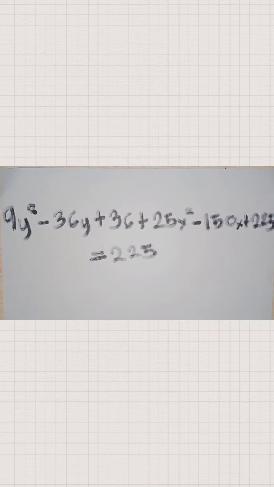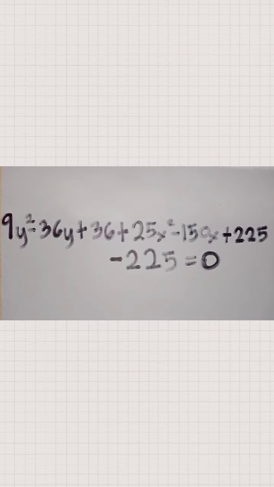I-arrange muna natin siya para maging 0 yung sa kabila. So ganito yung nangyari. Transpose ko siya dito sa kabila para maging 0 dito at naging negative siya. I-simplify muna natin to dahil meron pa tayong 225 to 225 rin and 36.